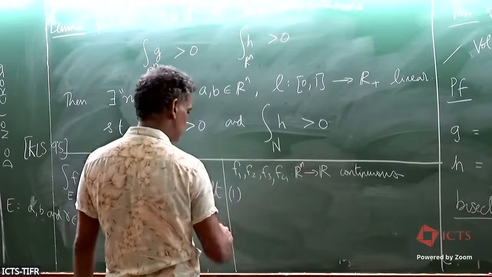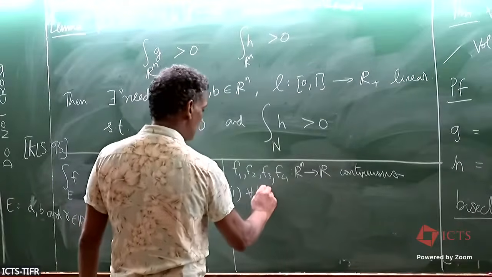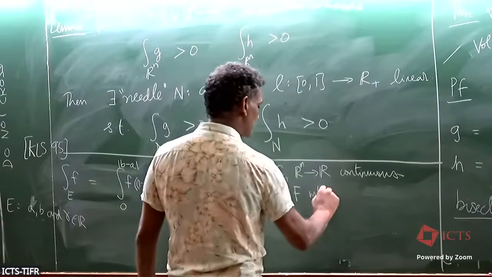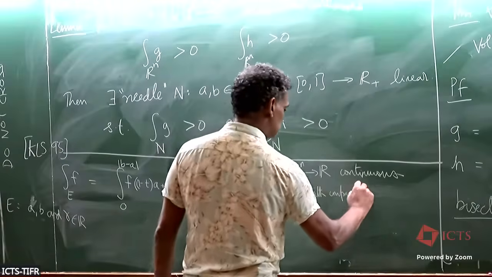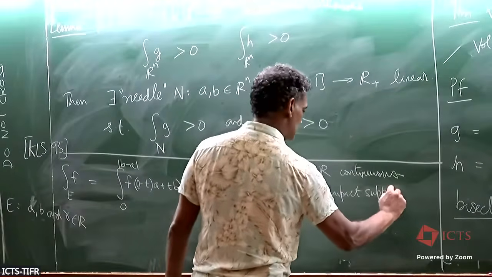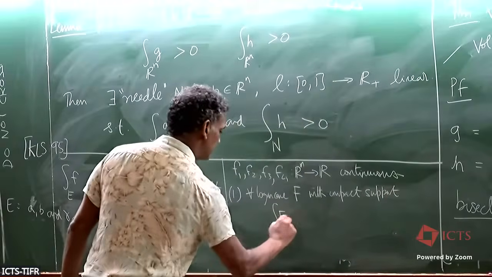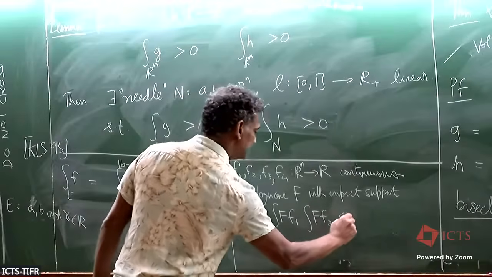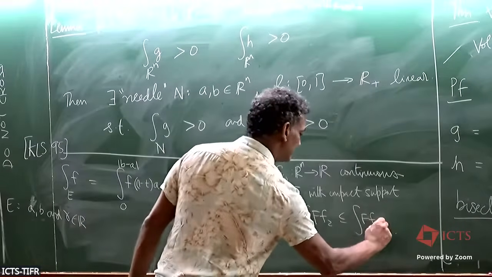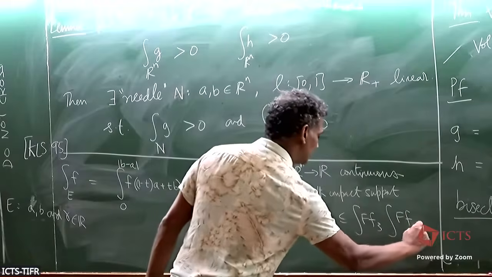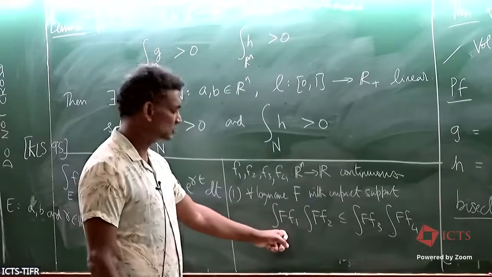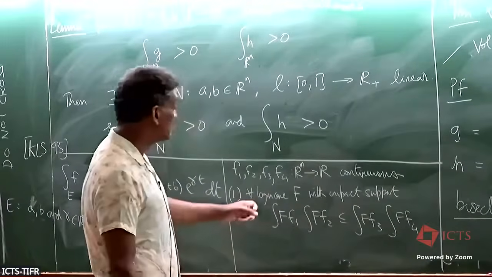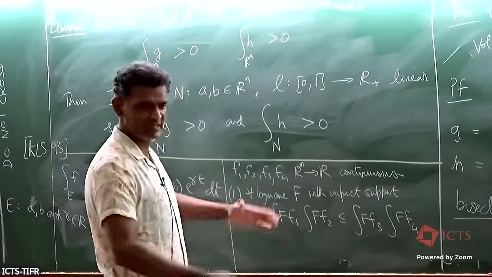The first one is, for every log concave f with compact support, the integral of f f1 times the integral of f f2 is less than or equal to the integral of f f3 times the integral of f f4. This is just a product. So suppose you have this for every log concave f. I mean, that's a statement.